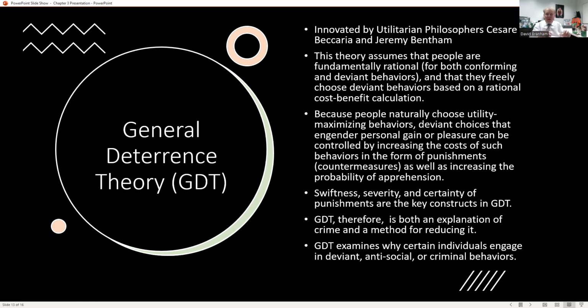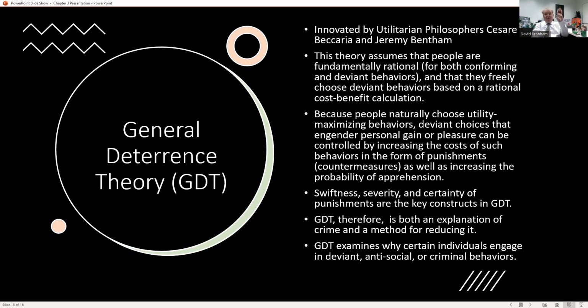So this utilitarian theory is talking about how when people get the message that it's okay, they're happy to do their deviance. But if they get the message that they will be punished, that bad things will happen, they will not be accepted if they commit this behavior, then their behavior changes. So swift, severe, certain punishments are the key constructs of this GDT theory.